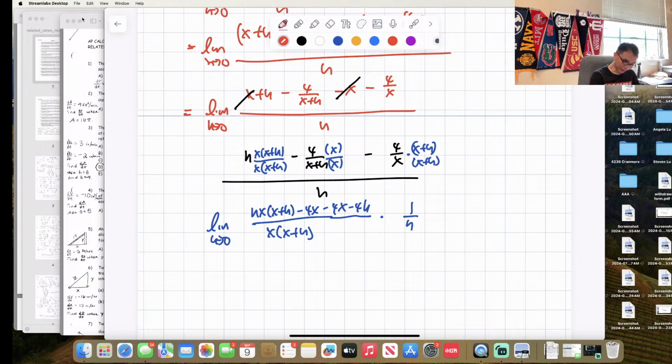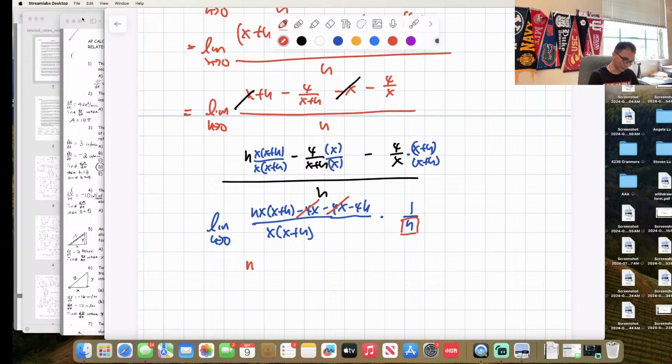Now you see here, there's something I can cancel. I also want to get rid of this h. This h is, how do I say it, a thorn in my eye, pretty much. Because when h approaches 0, the whole thing goes to undefined. So you want to take h out from the top.